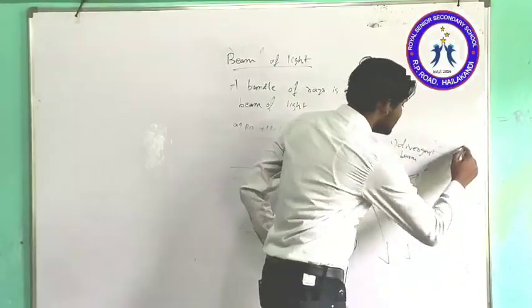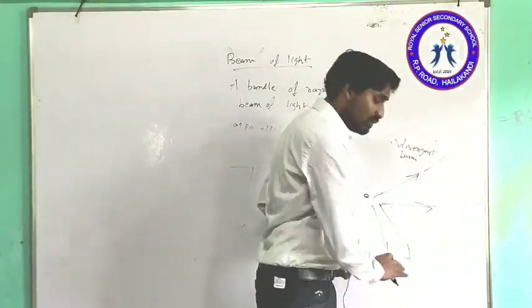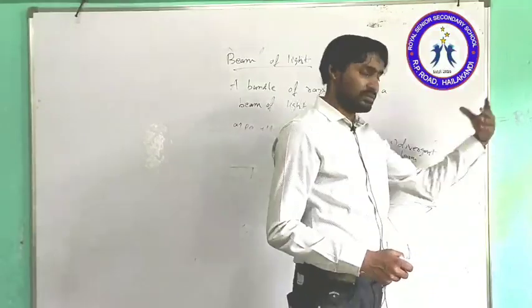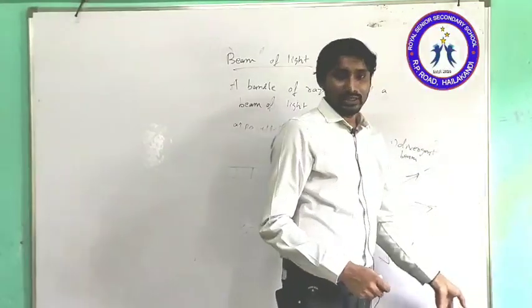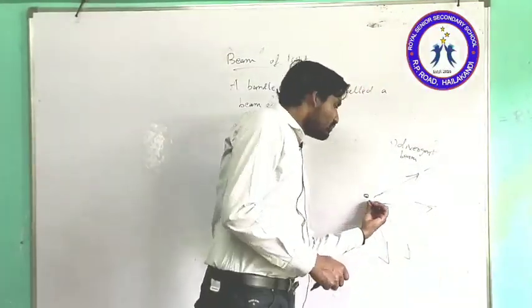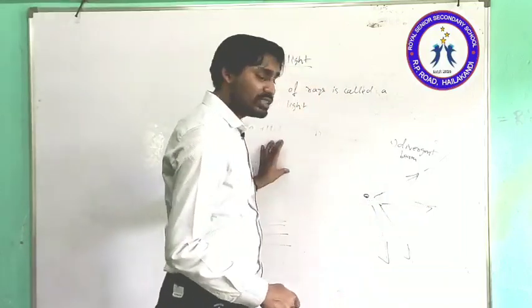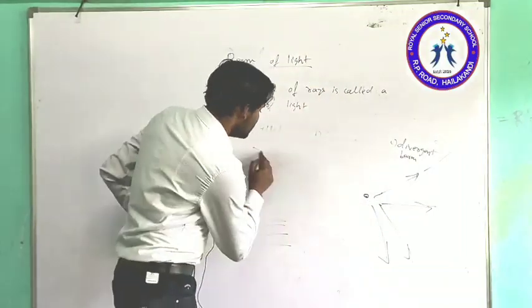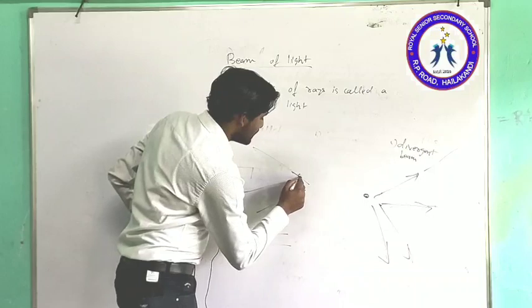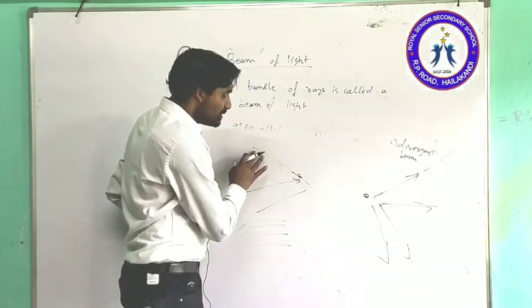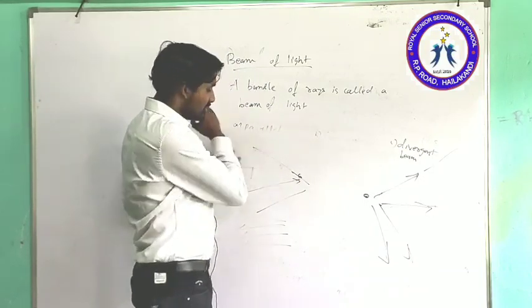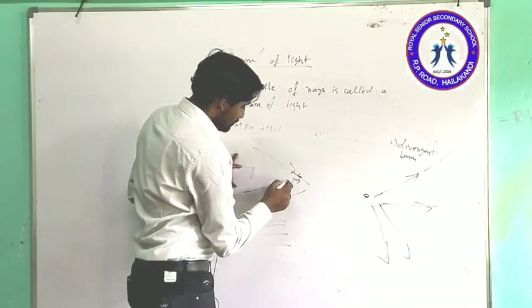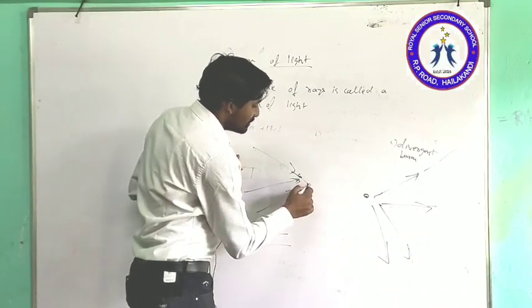If you go on extending these rays, they will never meet in their path, because they have actually come out from a particular point. But in case of a convergent beam, we have seen that they are actually meeting at a particular point. They have started their journey at some previous point, but after some time they will meet at a particular point.